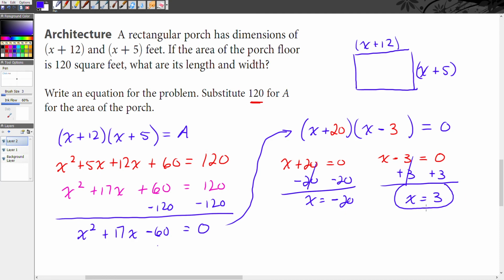So x has to equal 3, which tells me if x equals 3, then the length is 3 plus 12, which is 15, and the width is 3 plus 5, which is 8. And if you look at it, 15 times 8 does indeed equal 120.